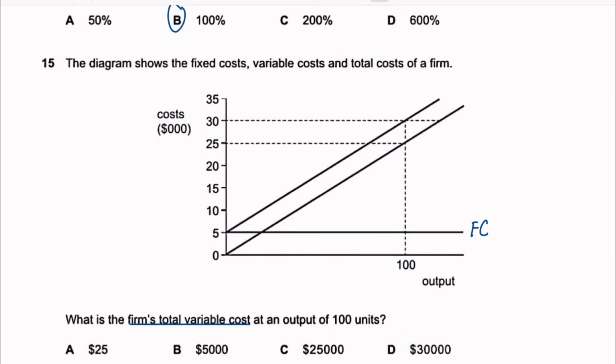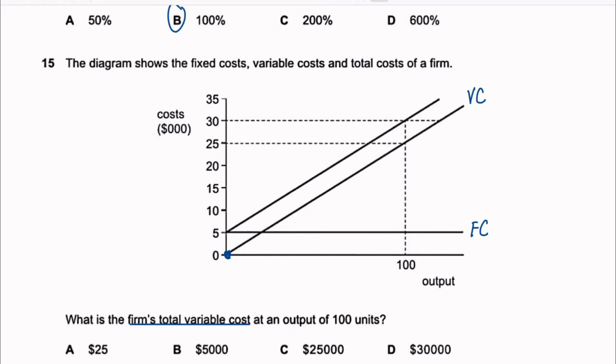Next, variable cost. How do we know this is variable cost? Because when you have 0 output, your variable cost is 0. This means that, for example, variable costs like raw material costs and labor costs, when you don't produce anything, you won't incur any of these costs.